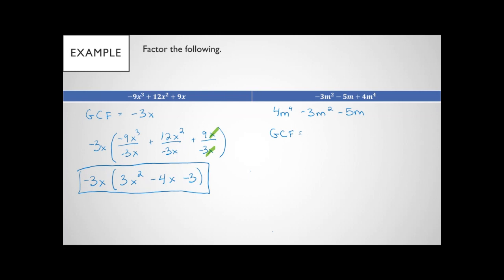So greatest common factor, I look to see if there's a number I can divide out of 4, 3, and 5. And there isn't. There's nothing I can divide out of all of those. So then I look at my variables. They all have an m, so my greatest common factor is going to be m. So I'm going to put that in front, and then I'm going to rewrite each term divided by m.